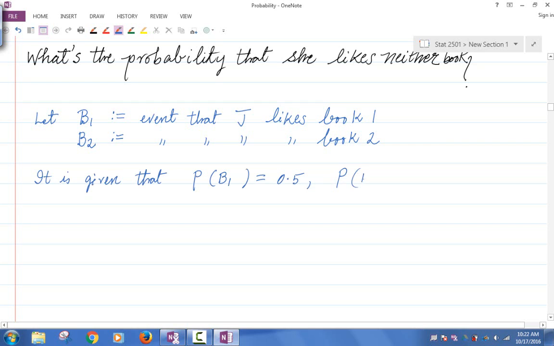What's the probability of B2? 0.4. And what other probability is given? The probability of B1 and B2, right, is what? 0.3.